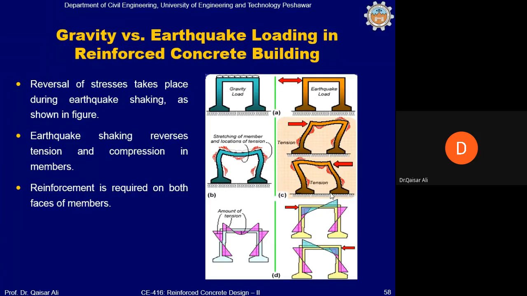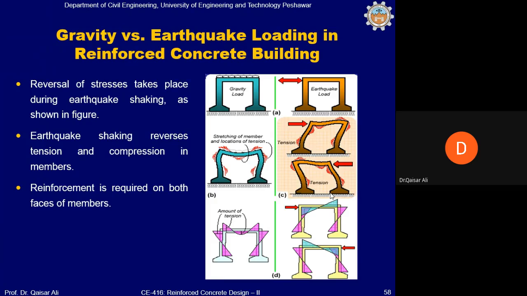Now, if the connections have been properly designed, it means that these connections would be capable of resisting bending moments produced due to earthquake loading. These bending moments at the connections which have been produced by earthquake loading are called seismic moments. And you can see that seismic moments occur at the beam column connection and ends of the columns. So when we say that a frame is a moment resisting frame, we say that the frame is basically capable of resisting seismic moments.